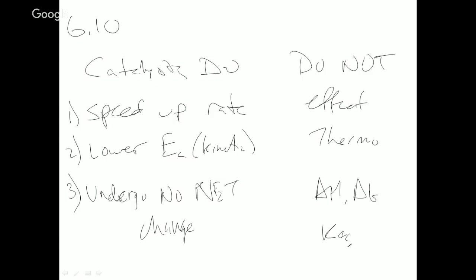But that concludes chapter 6. Only one lecture for this chapter, and again, chapter 6 is really an intro chapter to set the stage for chapter 7 and 8 and beyond.